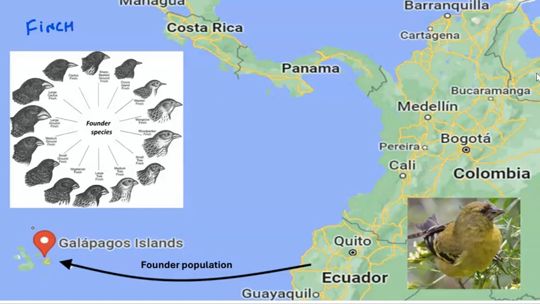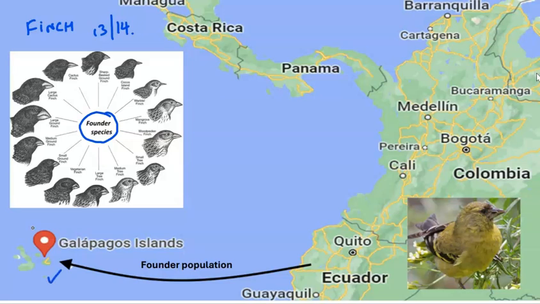The Galapagos finch today is illustrated by 13 or 14 species, all evolved from a founder species that had traveled from mainland South America, most likely from the Ecuador region, to the Galapagos Islands.